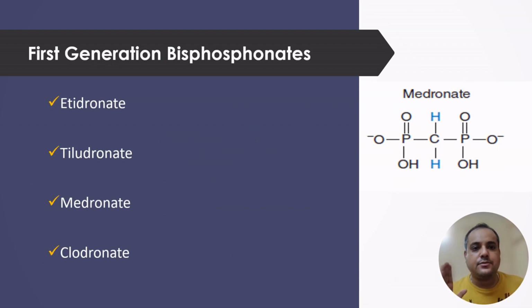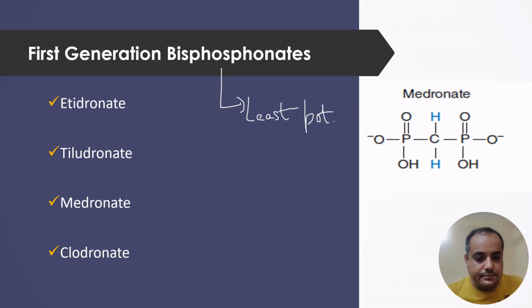First generation bisphosphonates. As we have already discussed, the first generation bisphosphonates will be least potent. Also, the structure determines the generation, and the structure will be the least complicated one.